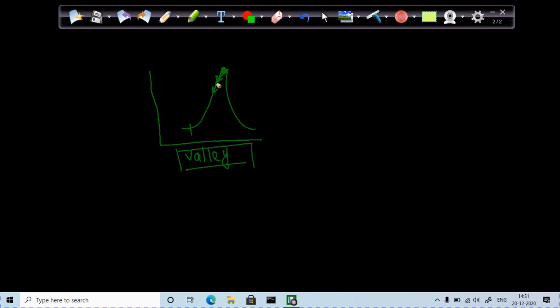Again you will follow the same process and head in the negative gradient direction. You will follow this process until you reach the valley of the mountain. This is exactly how gradient descent works. Gradient descent calculates the slope or gradient of a particular point and heads in the negative gradient direction until it reaches the minimum of a cost function.